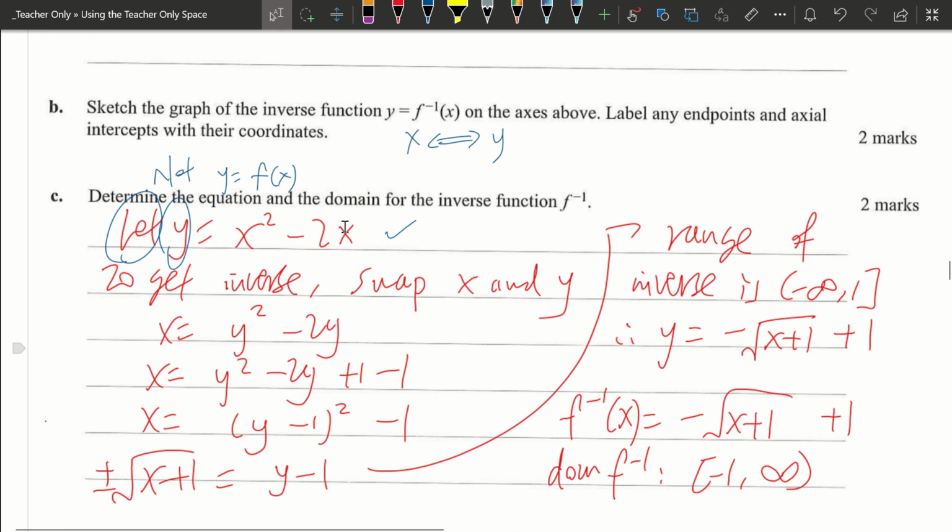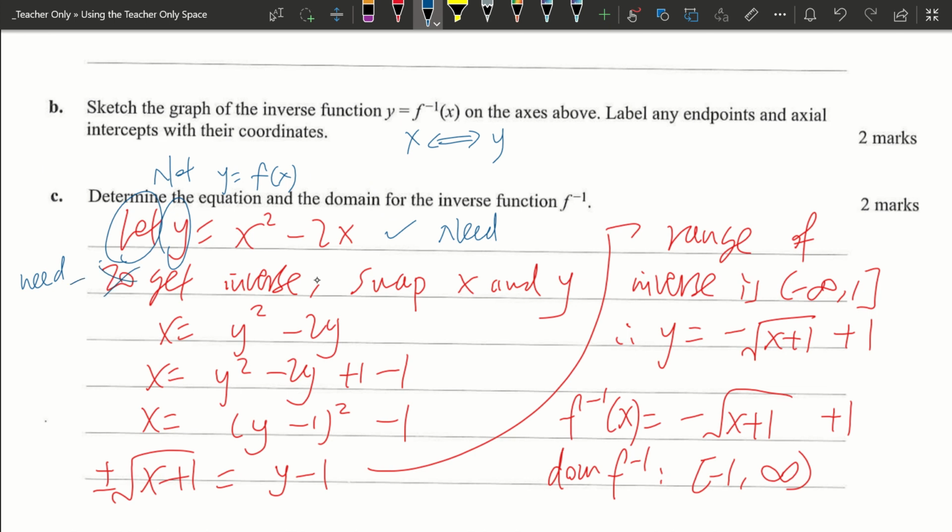That may or may not get you the mark. Of course it makes sense, but it is not the safest option. The safest thing to do is to write out the rule of the function. So y equals x squared minus 2x. Do not write y equals f(x). And then you need to write this line also.